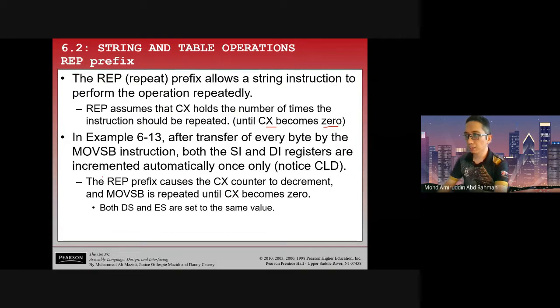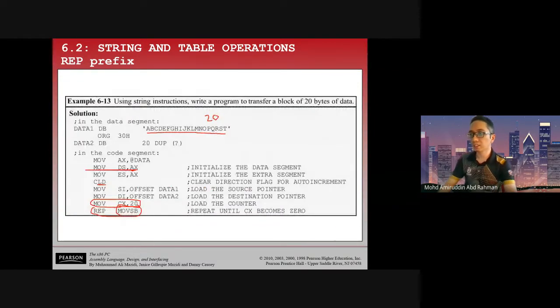The repeat prefix causes the CX counter to decrement, and MOVSB is repeated until CX becomes 0. So this is repeated up to 20 times.